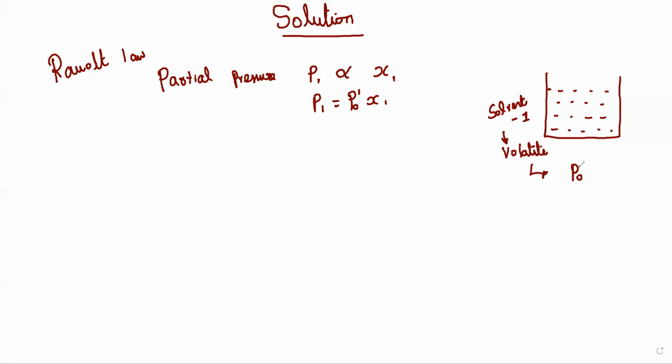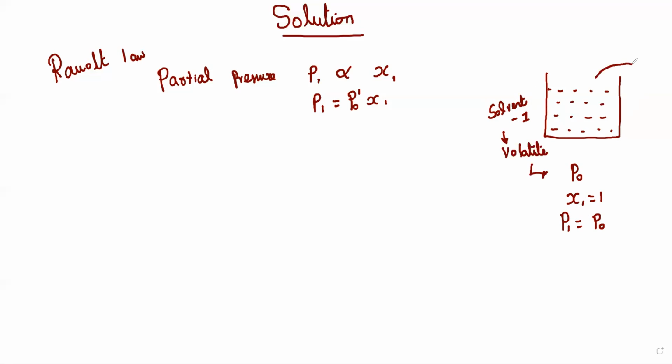That is the fixed one, the vapor pressure of the pure solvent. Let it be P0. Now the mole fraction here will be 1, because you have only the solvent, there is no solute here. You have only a pure component, so the mole fraction must be equal to 1. So the partial pressure must be equal to the vapor pressure.